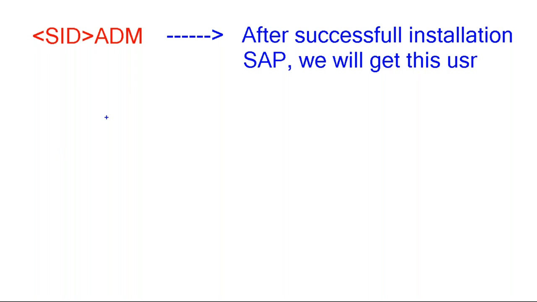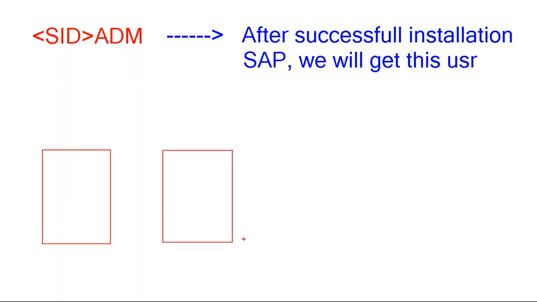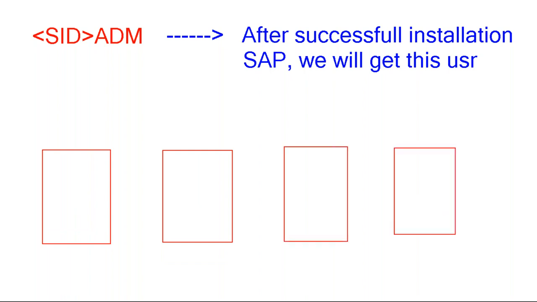System ID: if you want to install SAP, which system are you going to install, the development system or quality system, or for example, pre-production system and production system.